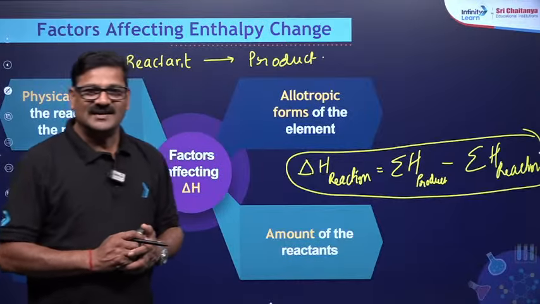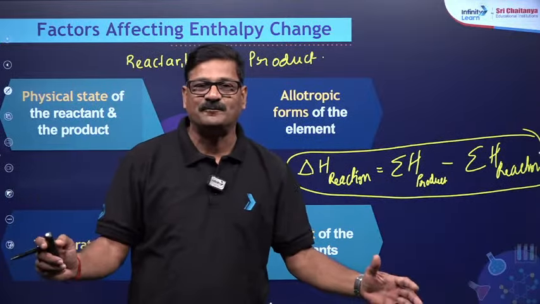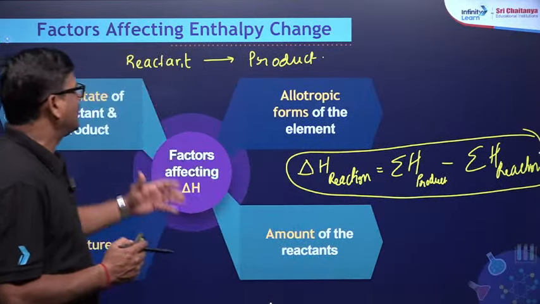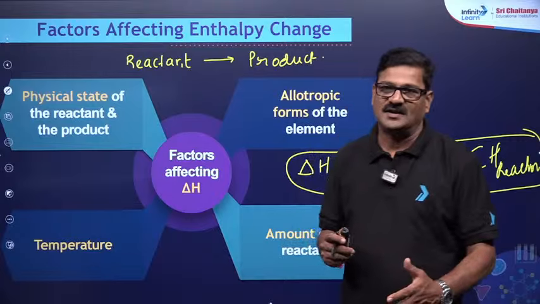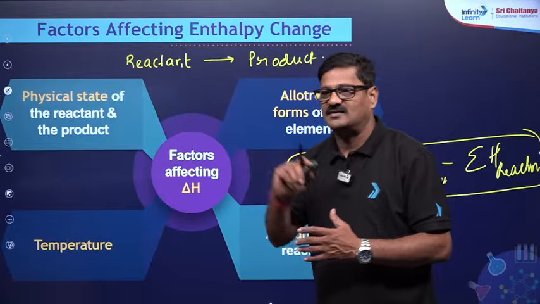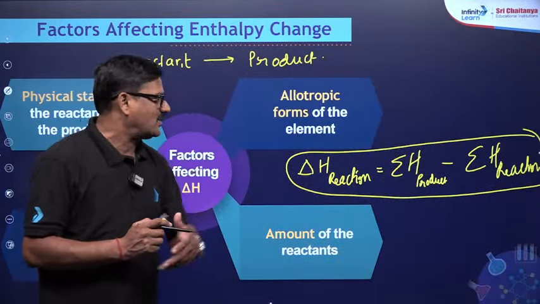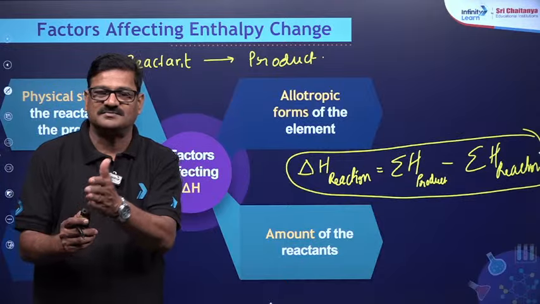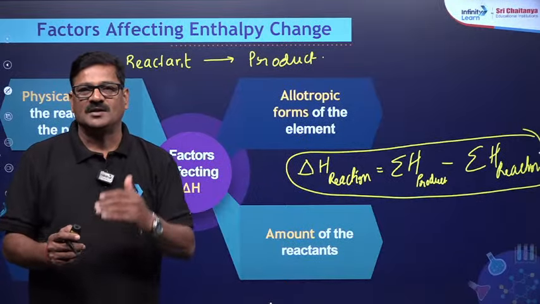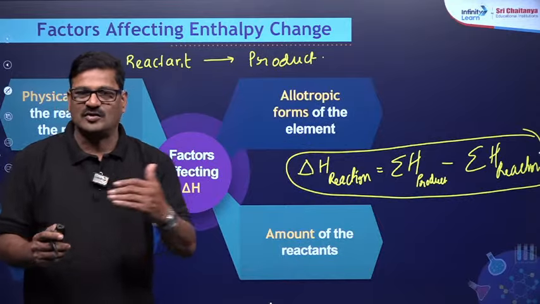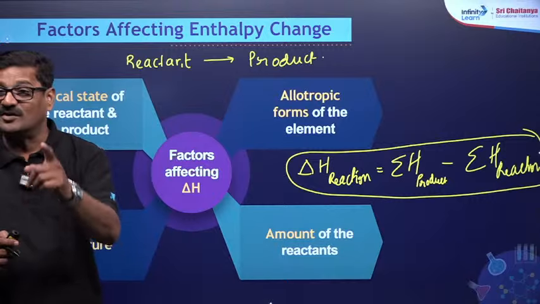Can you believe it? Depending upon the type of reaction, we are going to define various formats of the enthalpies. The enthalpy change of a particular reaction depends upon various factors: the physical state of the reactant and the product, and the allotropic form of the reactant and the product. Carbon graphite burning with oxygen gives rise to carbon dioxide, and the enthalpy change is different when carbon in the form of diamond allotrope reacts with oxygen to give carbon dioxide. इसका enthalpy change बिल्कुल अलग होता है.